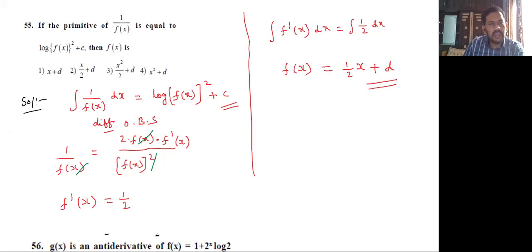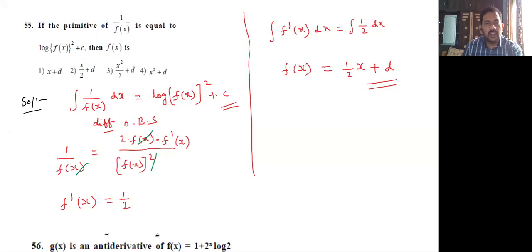Once again, see that the primitive of 1 by f of x is equal to the logarithmic function f of x whole square plus c. Primitive means integration only. So integration 1 by f of x dx is equal to log f of x whole square plus c, given. Apply the differentiation on both sides. On the left hand side, integration and derivative cancel.